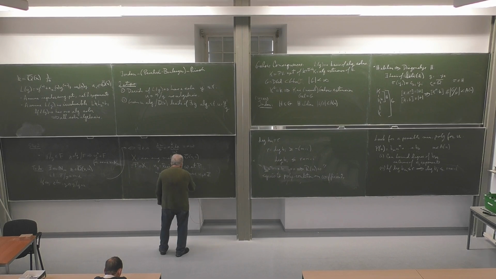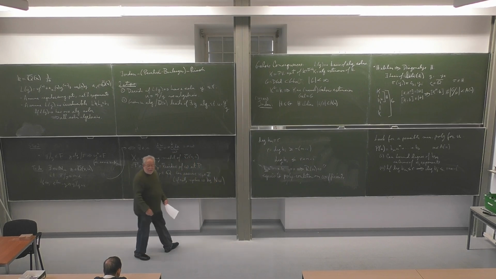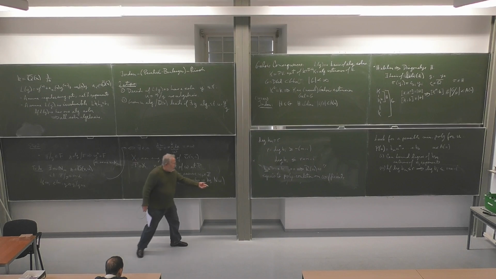You can replace omega by some multiple which clears the denominators. And if I can do everything for this, I can do it for the original thing. Take my word for it, okay?